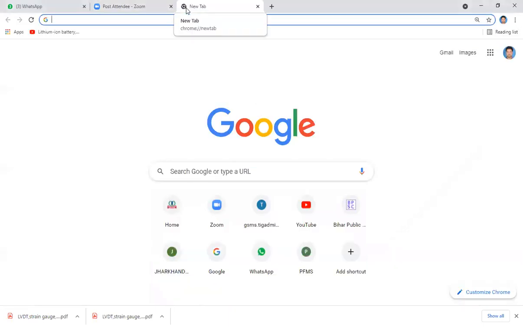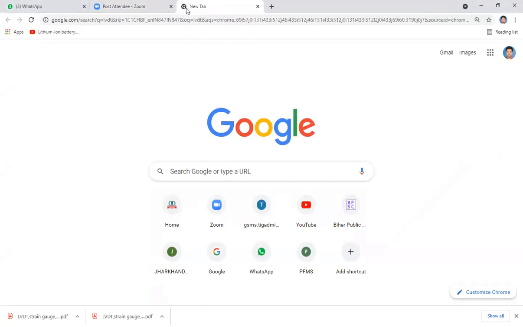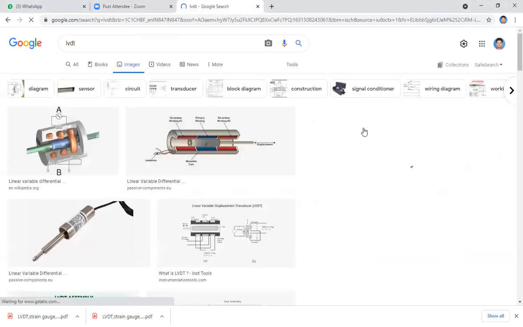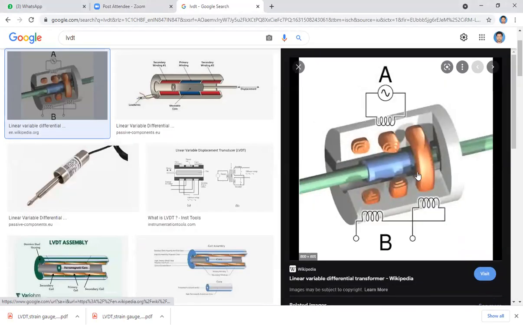So LVDT, just wait. So you can observe this is the construction diagram of the LVDT, a primary winding, and we have two secondary windings, S1 and S2, and there is a movable core.